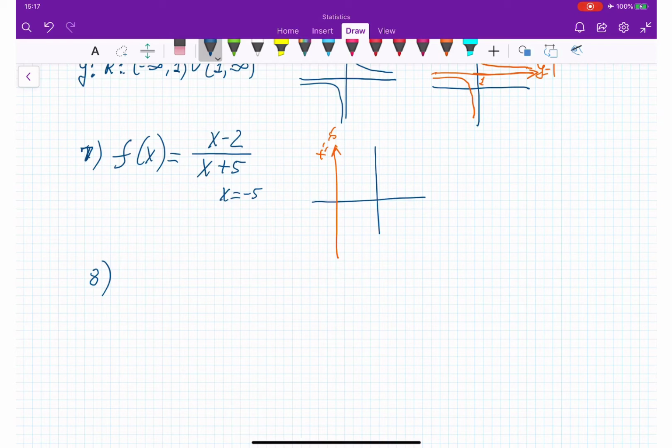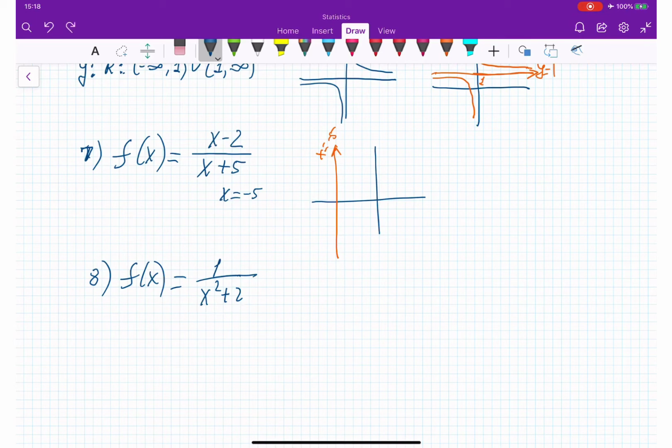Obviously, when in denominator we have addition. For example, if I take f of x is equal 1 over x squared plus 2. Yes? This one doesn't have any break. We don't have any asymptote. Why? Because we have plus 2.